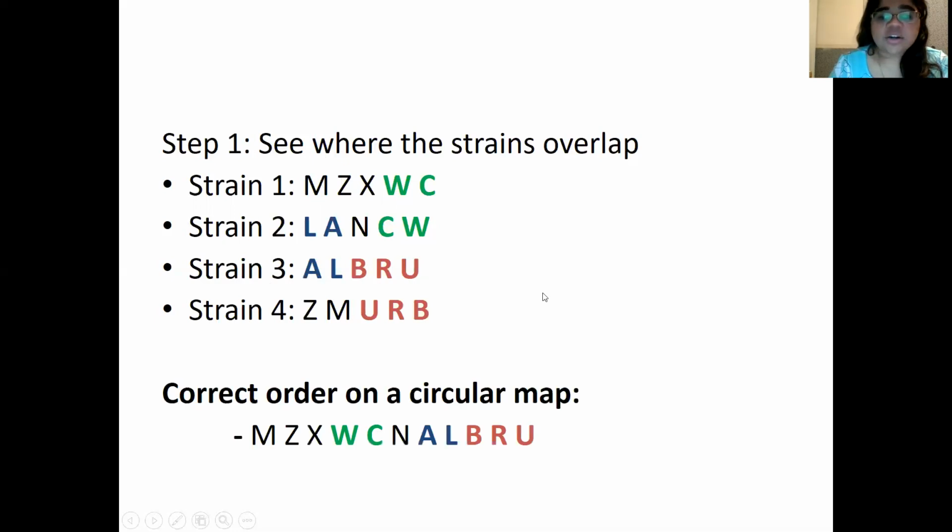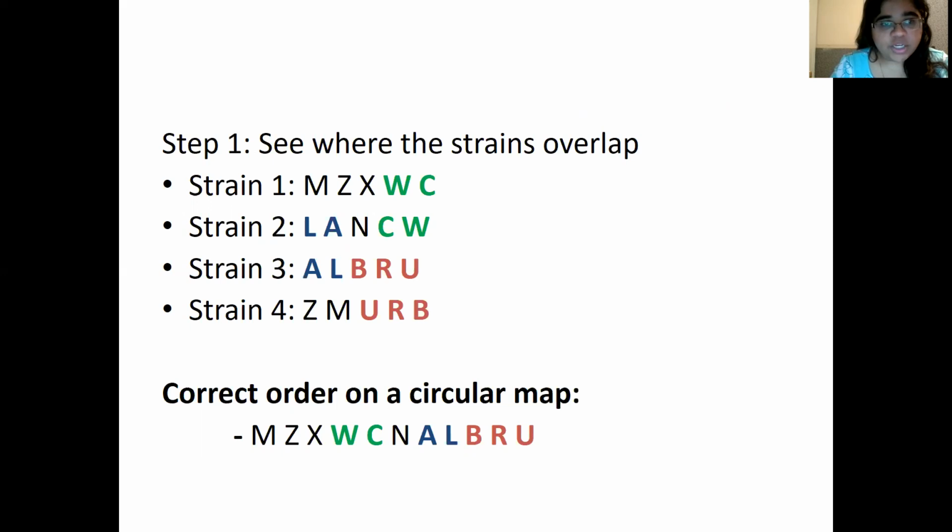This shows that the correct order of strains is this way. We do not include MZ at the end because it's already incorporated in the beginning. So that is how you would map genes depending on where it's located, and what time it actually comes in to the new strain. I hope that makes sense.